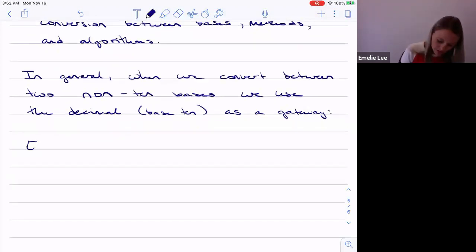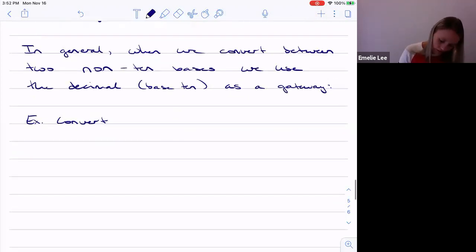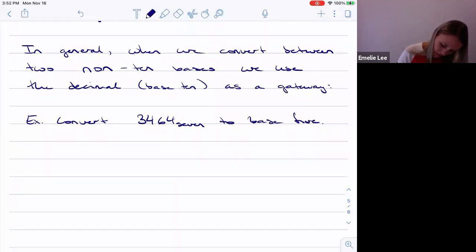So for example, if we have to convert 3464 base 7 to base 5, what would we do? You would convert 3464 base 7 into base 10 and then go from base 10 to base 5. Right?